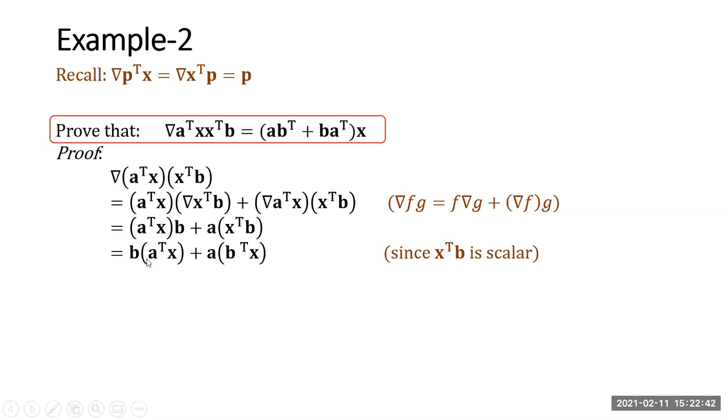And so I have B A transpose X plus A B transpose X. Then I take X common on the right. So I have BA transpose plus AB transpose times X, which is what I had to show.